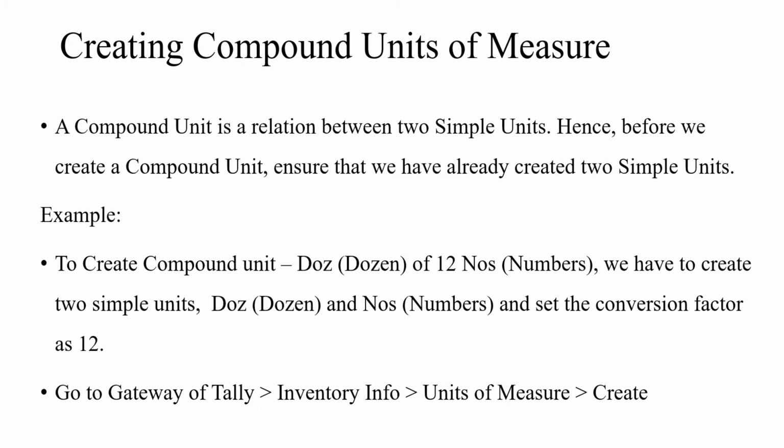Hence, before we go for creating compound units of measure, we have to ensure that we have already created two simple units of measure. For example, to create a unit that is a dozen of 12 numbers, dozen and numbers have to be created.